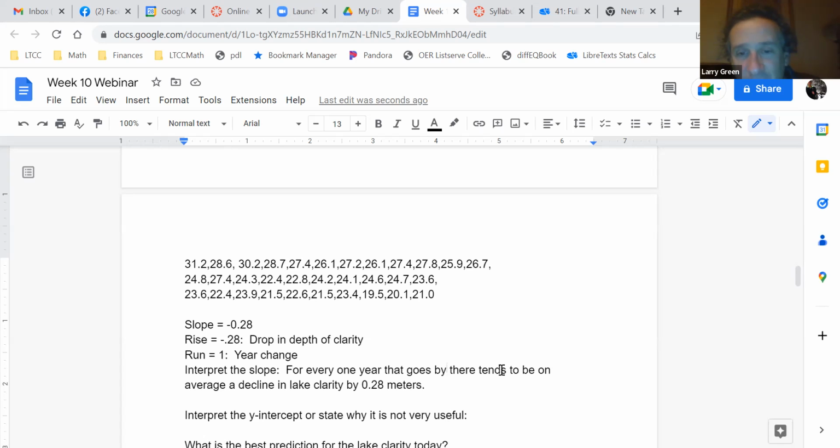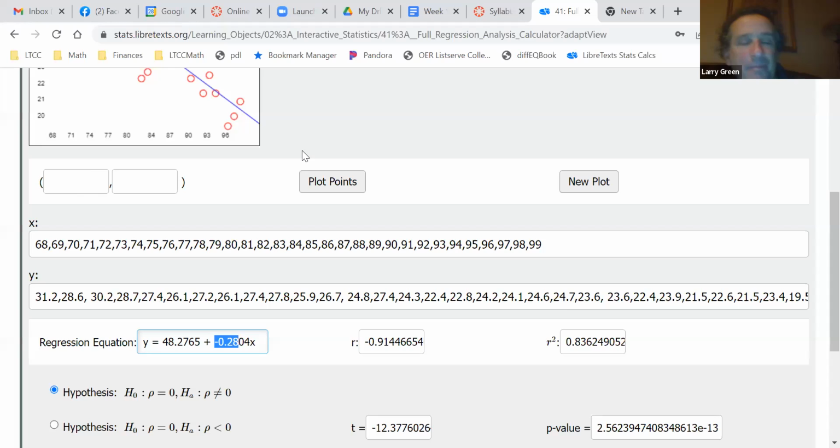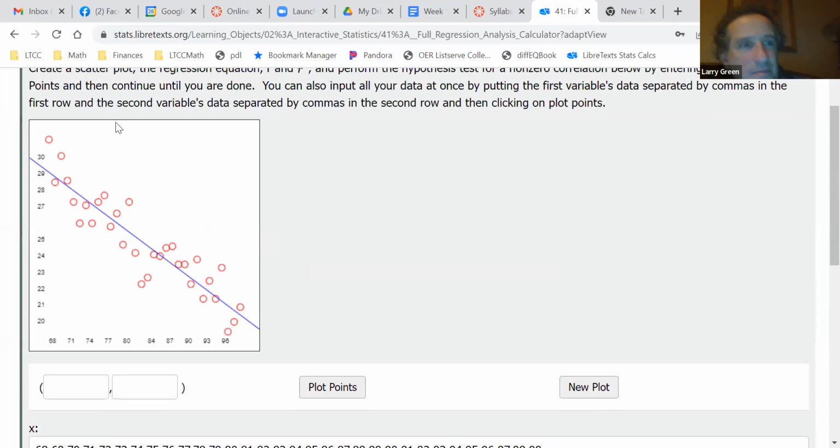I want to mention something very important: tends to be. That's important. Sometimes it happens, sometimes it doesn't. It's also on average. It's an average change. It's not the change, because if we go to this graph again, some years, like from here to here, there was a big drop in clarity, right? But then the next year, clarity got better.